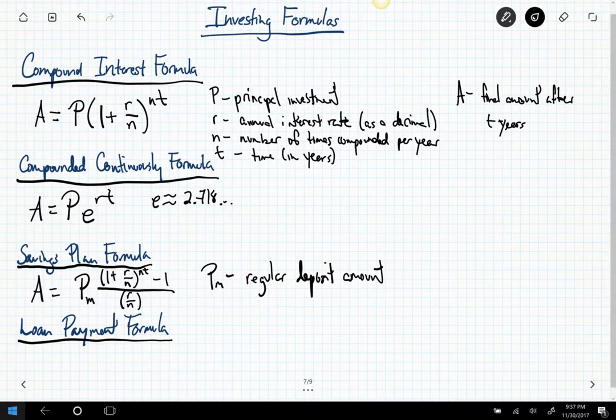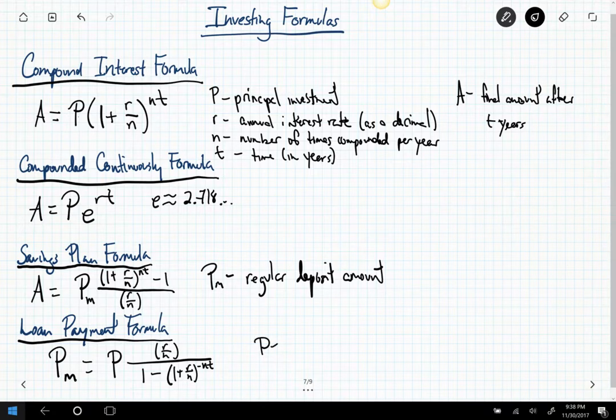So last but certainly not least, for our loan payment formula, I'm going to abuse some notation here too. We have this. So r's and n's are the same.